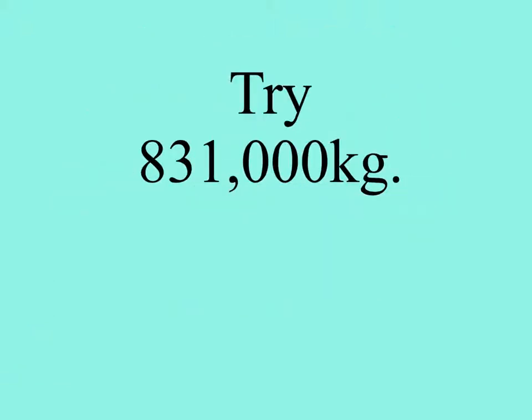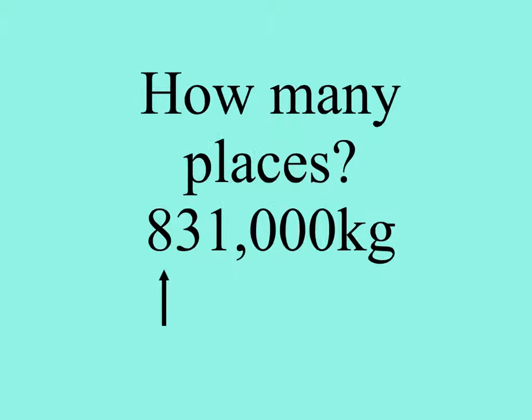Let's try doing 831,000 and converting that into scientific notation. Remember, we want the decimal point between the first 2 digits, so that there's only one non-zero digit to the left of our decimal. So how many places do we have to move it? Well, let's see. 1, 2, 3, 4, yep, 5.